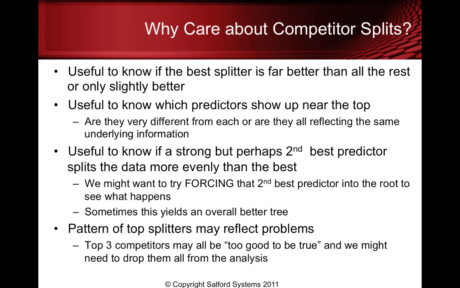If we have a group of variables that are close together in competitive scores, it's useful to observe whether these are very different from each other in terms of what they're measuring, or if they're all reflecting the same underlying information. For example, if I'm looking at financial data about individuals and I have both a credit score and a bankruptcy score coming from different agencies, these are likely to contain very similar information.